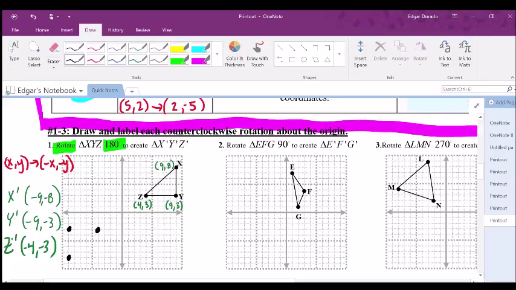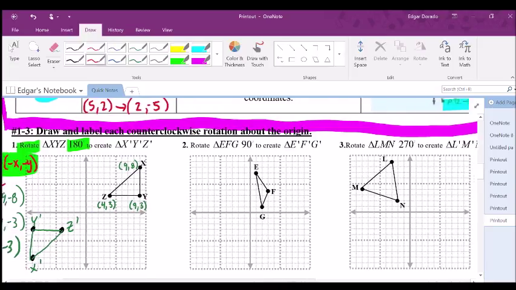Right there. I can go ahead and draw my new image, my new triangle X prime, Y prime, Z prime. So this was the rule that I followed here, and that gave me these new sets of coordinates, and that helped me find the rest of this out.